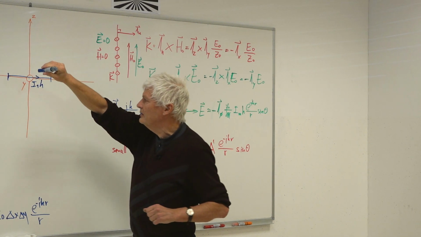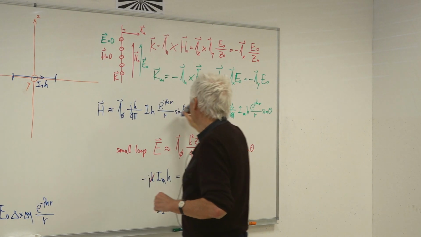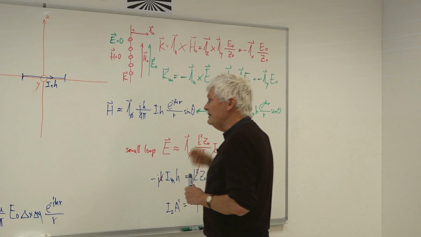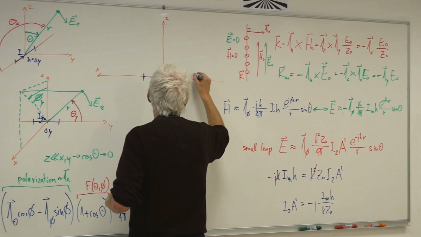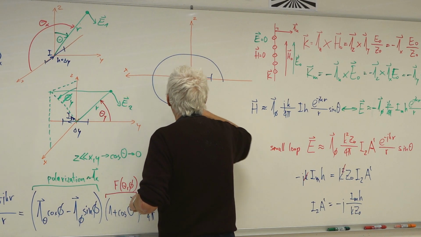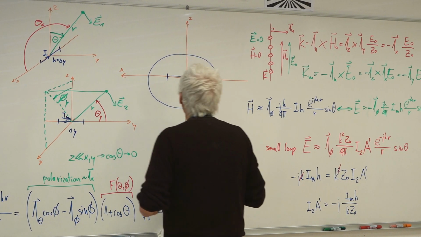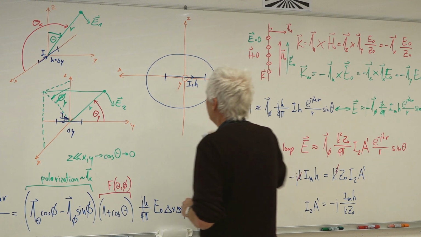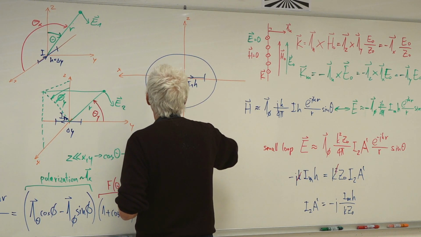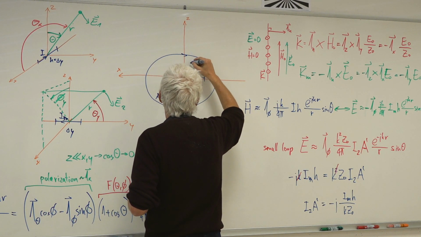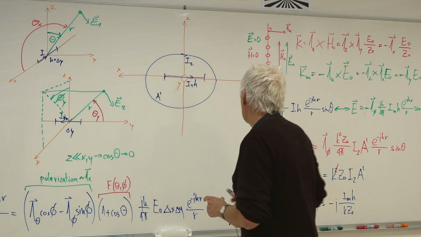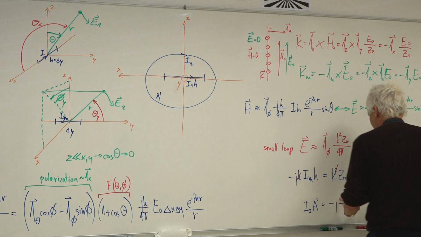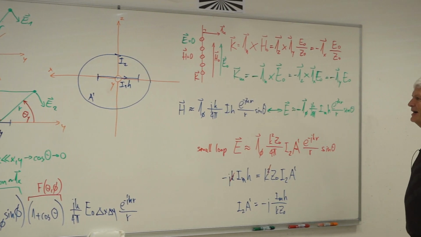That's why the loop has to stay in the xz plane. This is the loop with the area A prime and with the current I2. Now, please don't ask me for the sense of the currents since there is j in between. So they are in quadrature, these two currents.